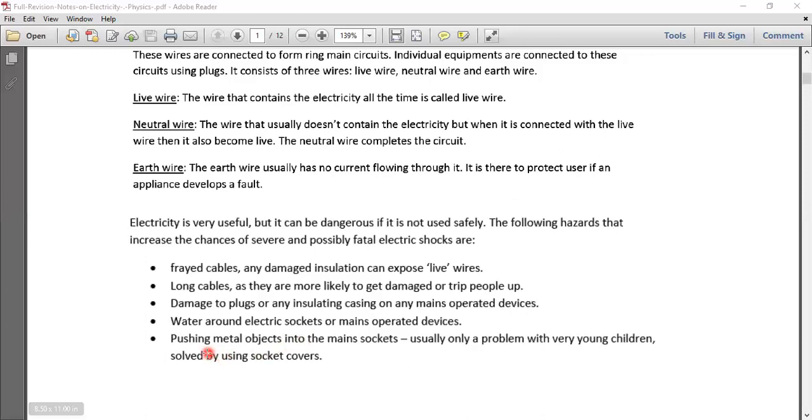Now, pushing metal objects into the mains sockets. Pushing metal objects into the mains sockets is usually only a problem with very young children, solved by using socket covers.